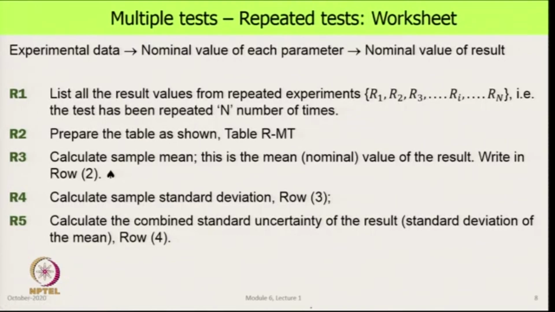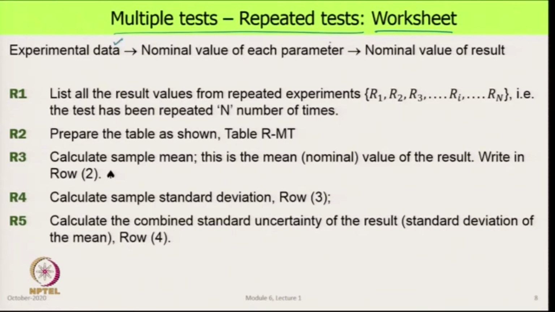So, now we will give a step by step approach as to how to do this. We will just summarize this in a very systematic way. We have seen what is the statistical basis, logical basis. Now, let us see what is the step by step basis. So, this is the worksheet for multiple tests, repeated tests. We have done the experiments.